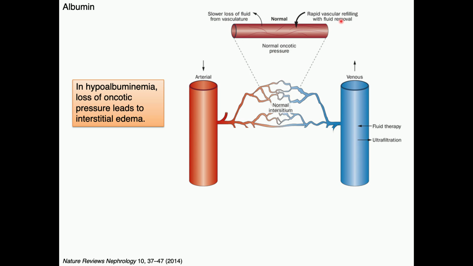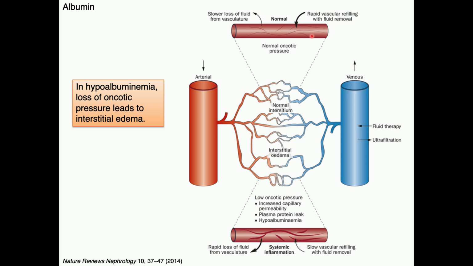Okay, so it might be easiest to illustrate what's happening if you think about the condition of kwashiorkor, where you don't have sufficient albumin in the blood. Then the oncotic pressure is going to be reduced all along the capillary. The consequence is that your hydrostatic pressure is going to outweigh the oncotic pressure at both sides.